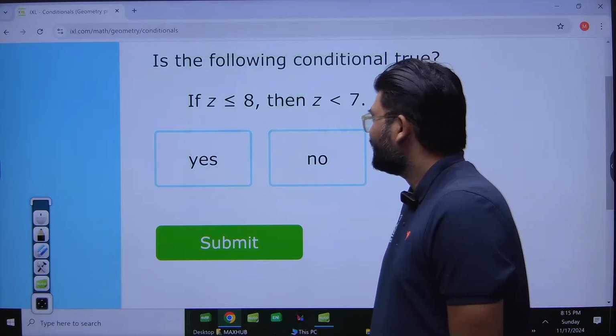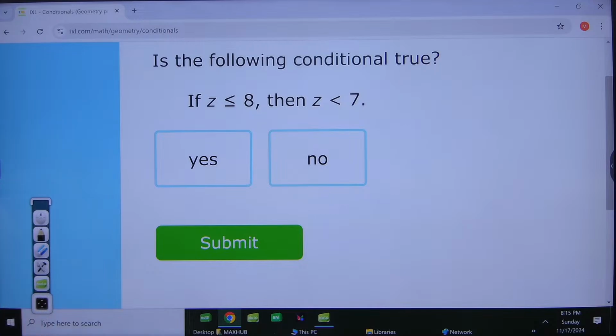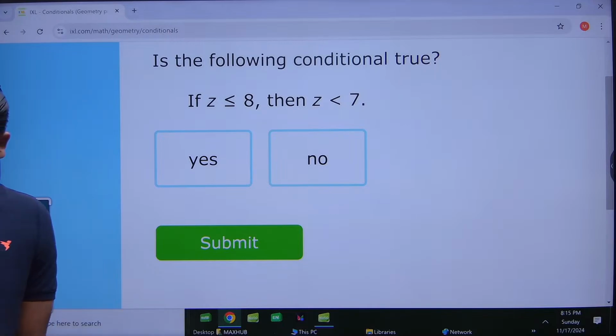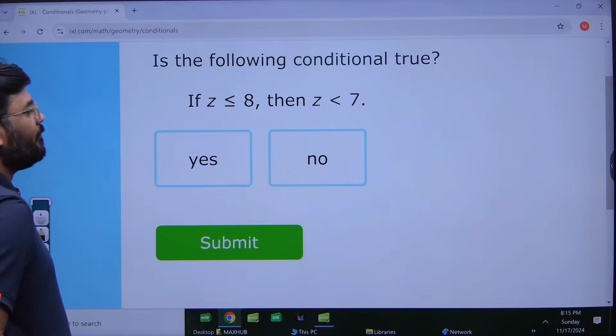Okay, tell me for this. No, because it can also be equal to 7. It can also be 7.5.